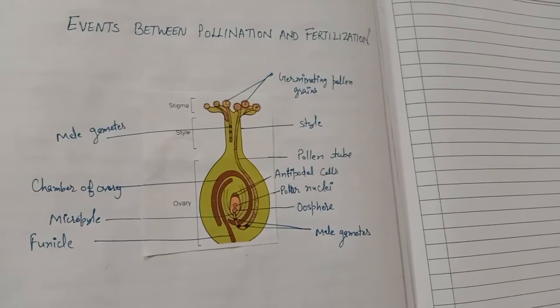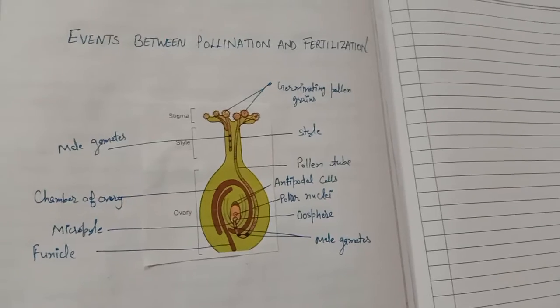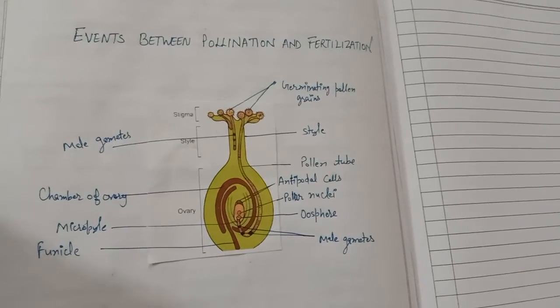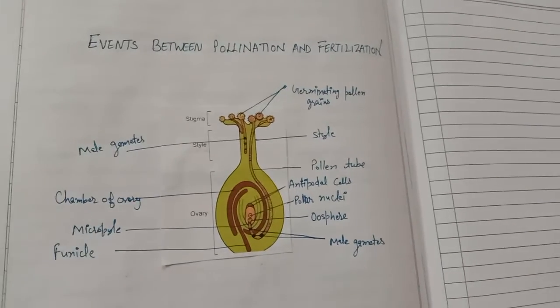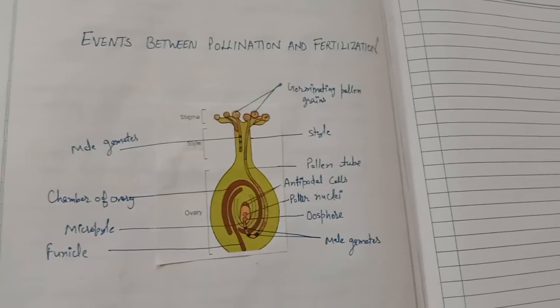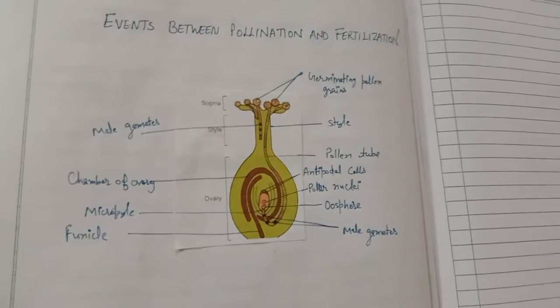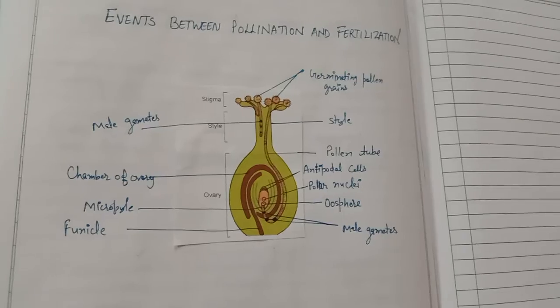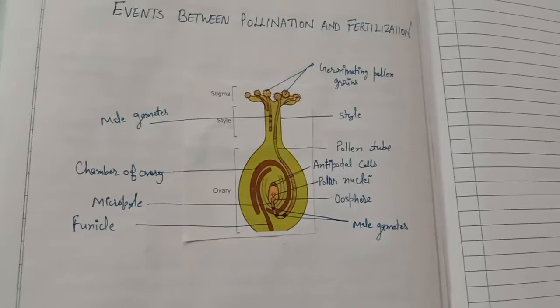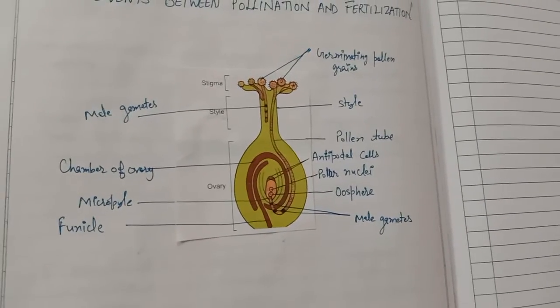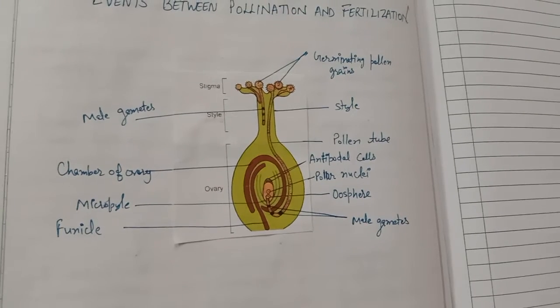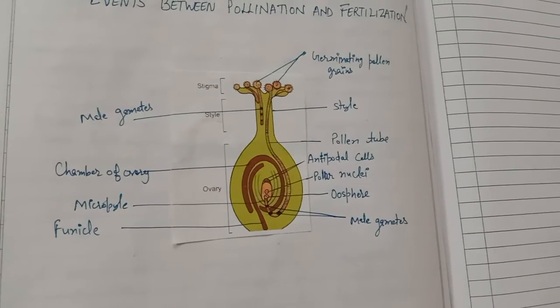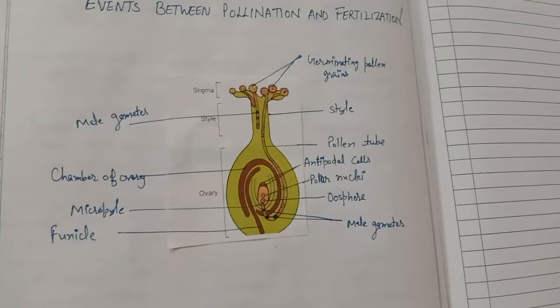There is a guiding path provided by the synergids, which guide the pollen tube to enter the ovule.